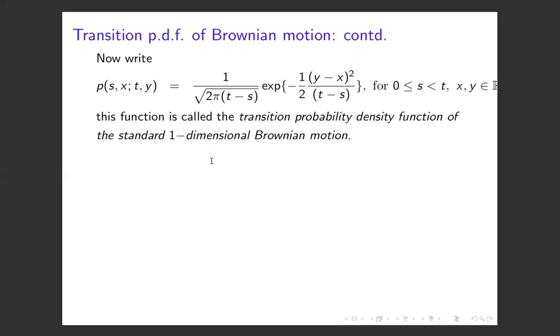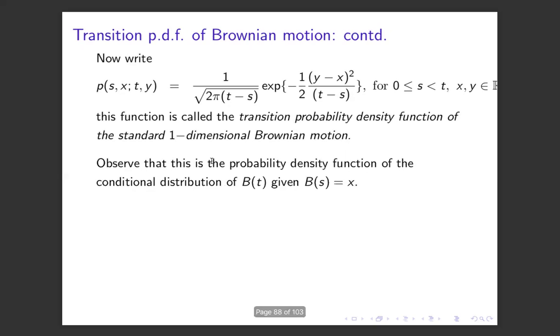It is a fairly familiar object to you. I'm just going to give a new hat to it. So observe that this is the probability density function of the conditional distribution of Bt given Bs equal to x.